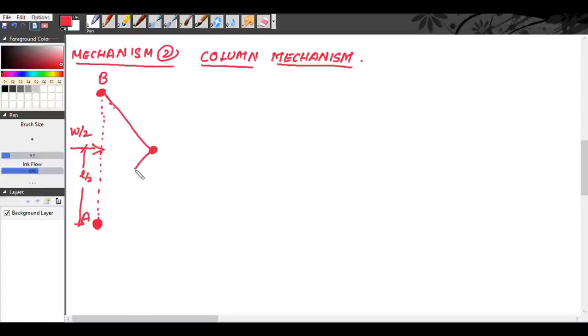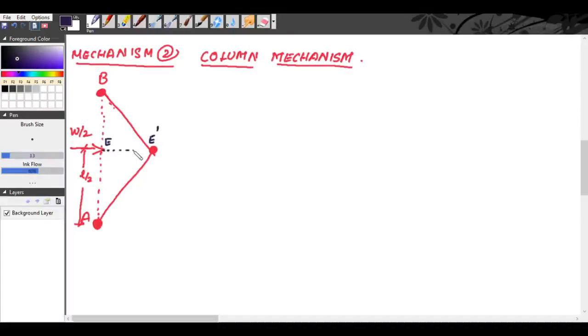So this is our column mechanism. So this point we can take it as E and this point is E dash.